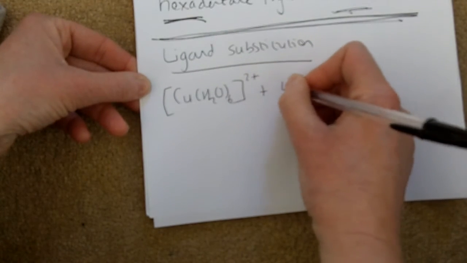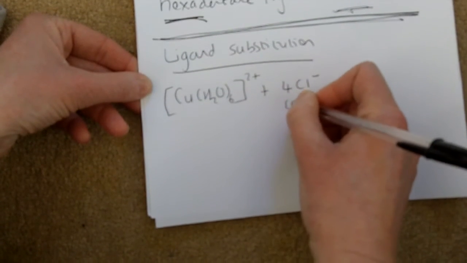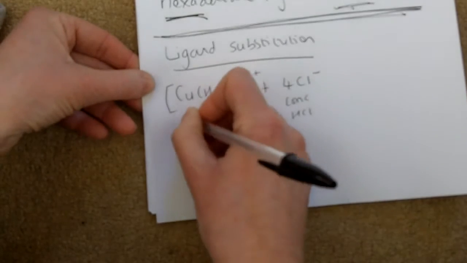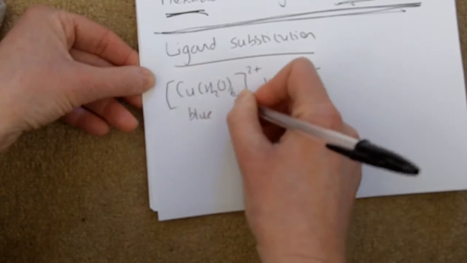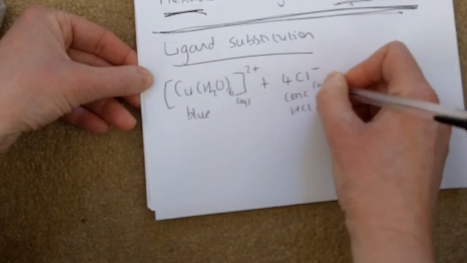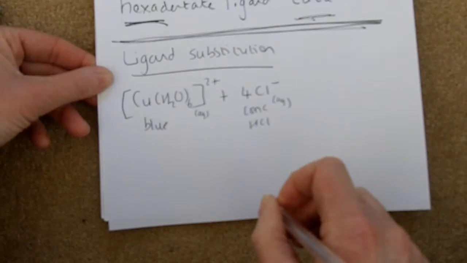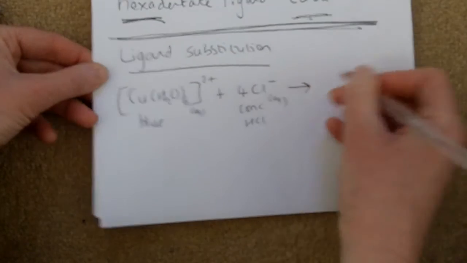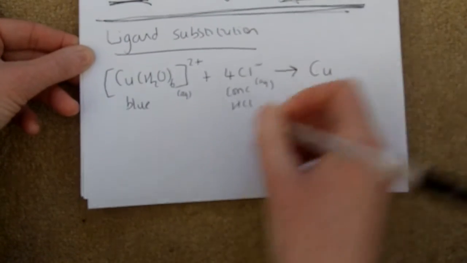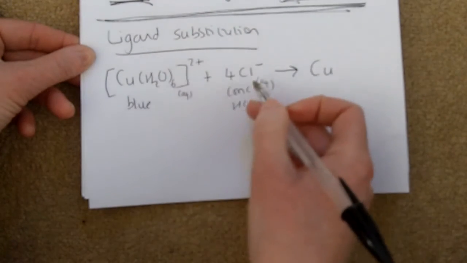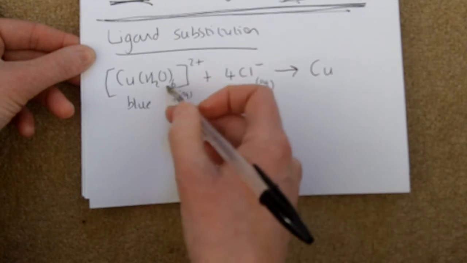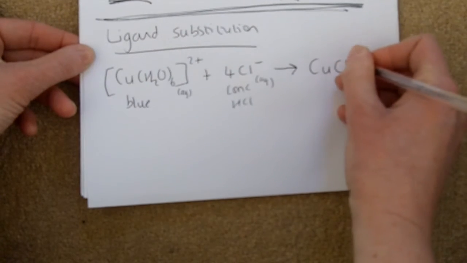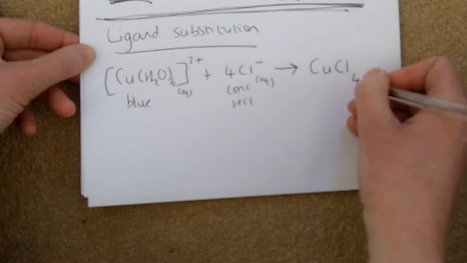If you add concentrated HCl, remember this is a blue solution, it's all aqueous, okay? If you add concentrated HCl, then ligand substitution happens. The water molecules get substituted with the chloride, so it becomes CuCl4.